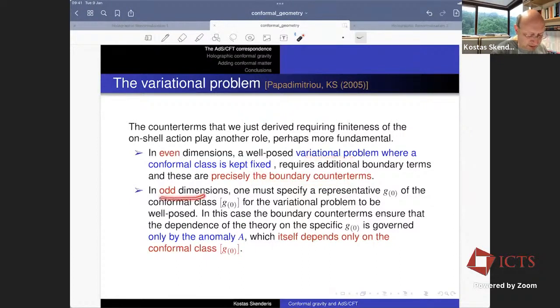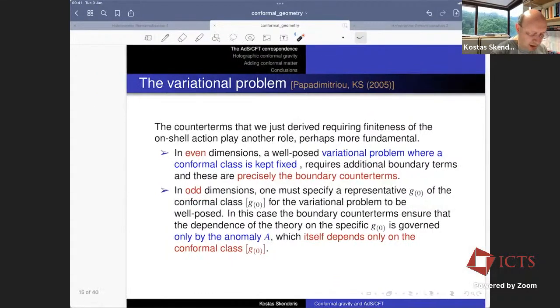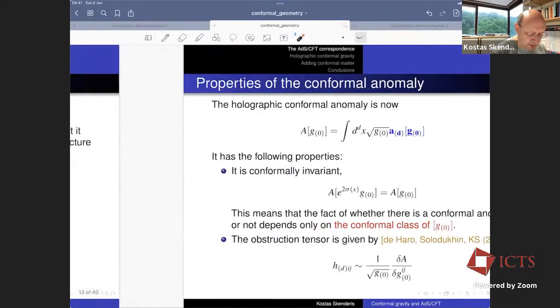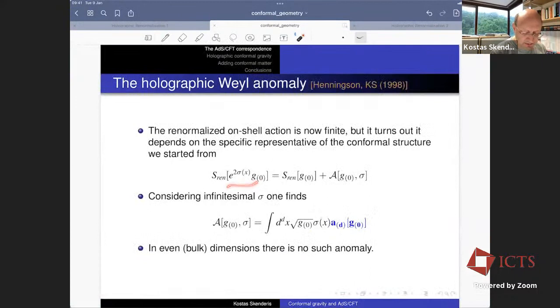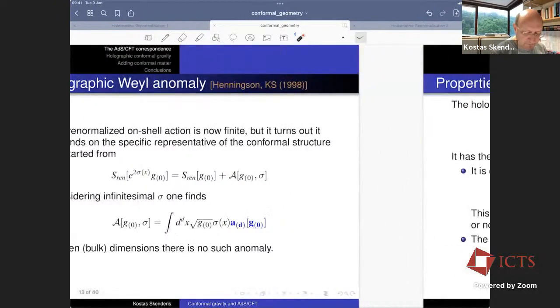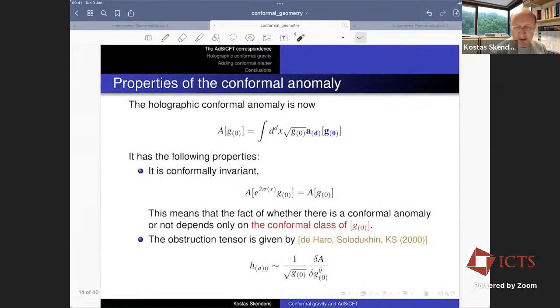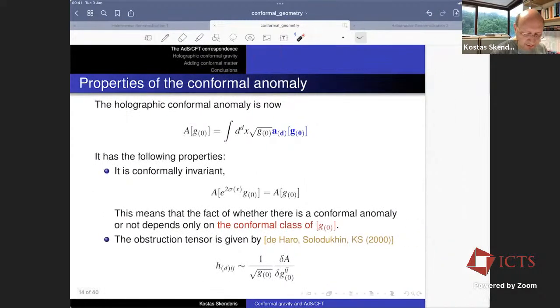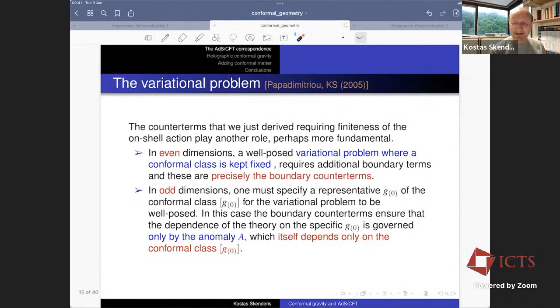Now, in odd dimensions, we just saw that the theory does depend on the representative, but depends on it in a very specific way. It's not possible to fix a conformal class because there is a conformal anomaly, but you can do the next best thing.